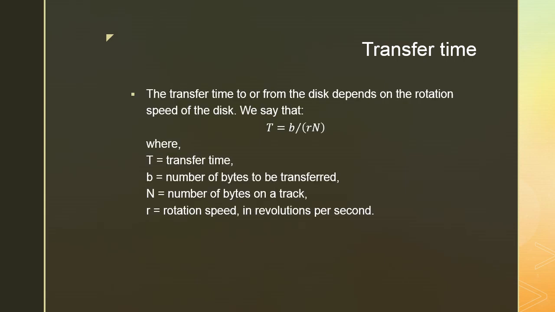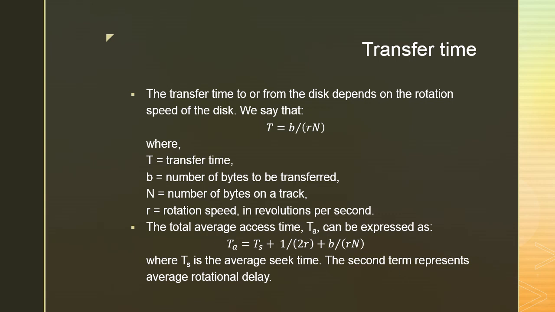Transfer time. The transfer time to or from the disk depends on the rotation speed of the disk. We say that T is B divided by rN, where T is the transfer time, B is the number of bytes to be transferred, N is the number of bytes on a track, and r is the rotation speed in revolutions per second.